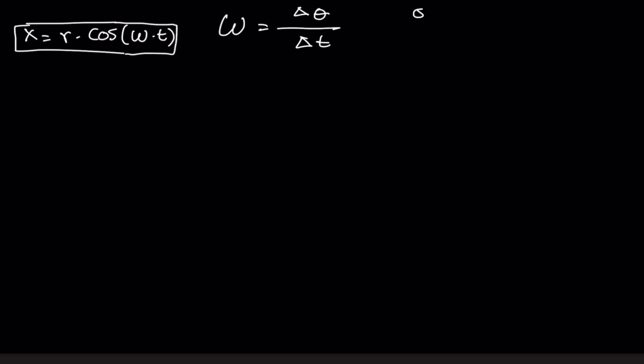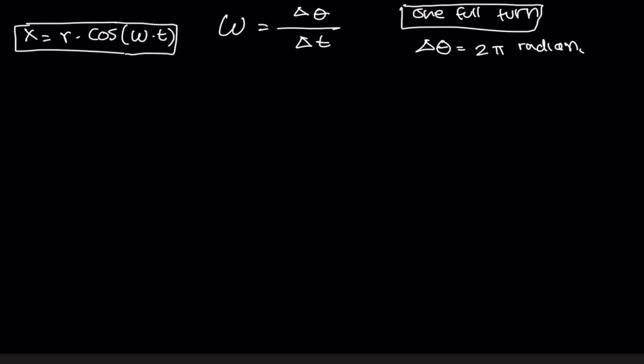One full turn or one full cycle of the circular motion would equate to 2 pi radians, which is just a given formula. So we can change this into 2 pi divided by change in time.